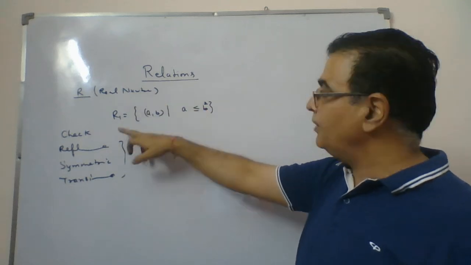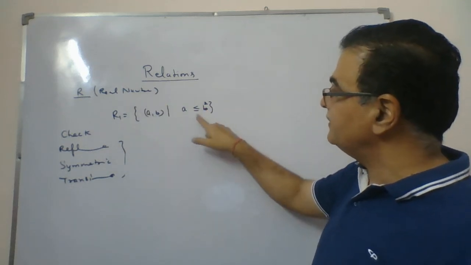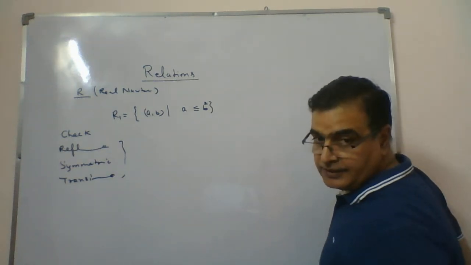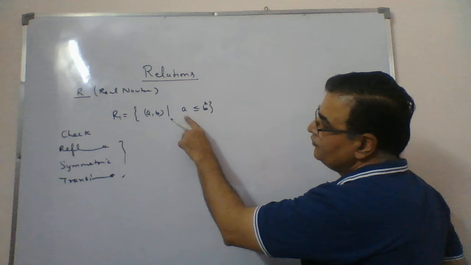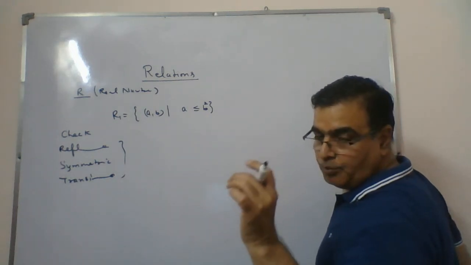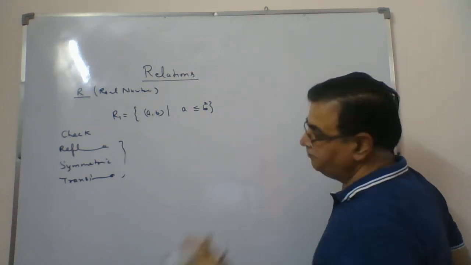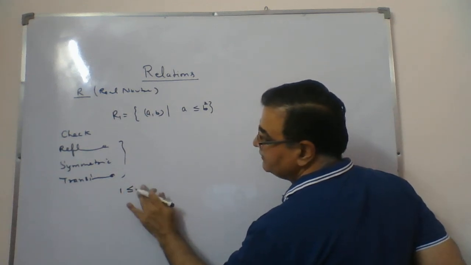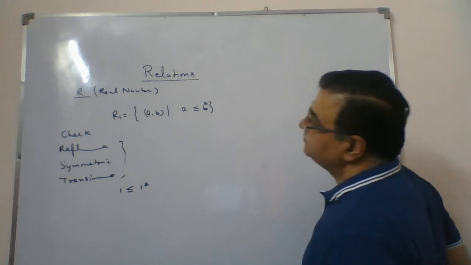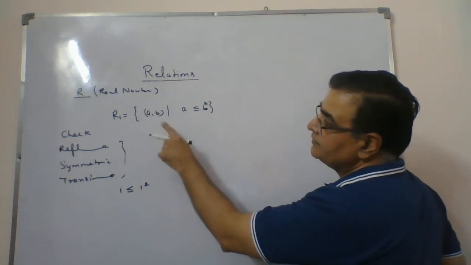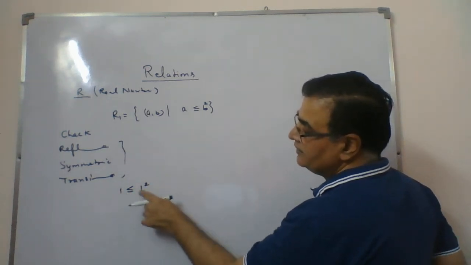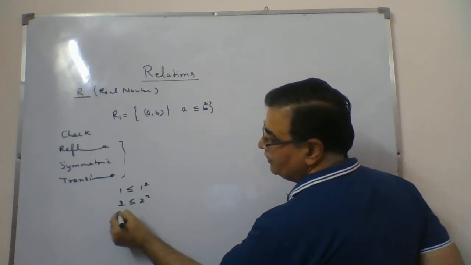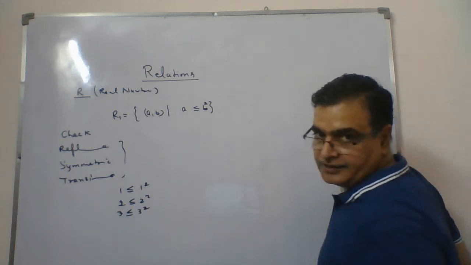The relation is on the real numbers. R1 is defined as (A, B) where A is less than or equal to B square. This is another good question. This example you should remember. This will be valid for any number which is greater than or equal to 1. If you take 1 less than or equal to 1 square, 2 less than 2 square, 3 less than 3 square, it is a valid case.